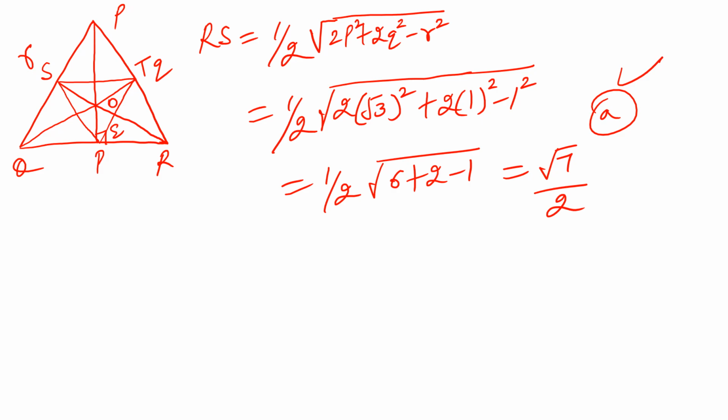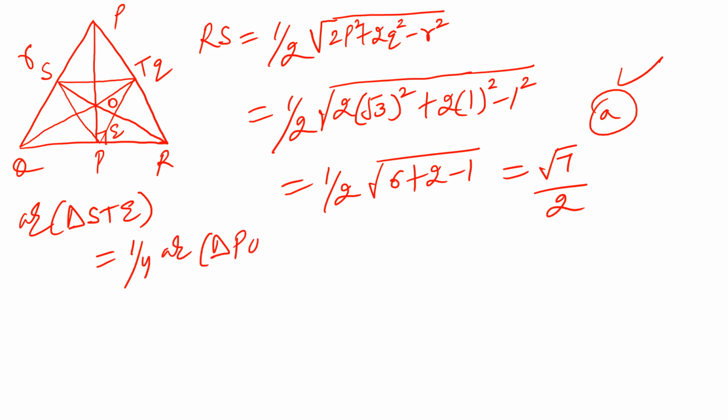The first fact is that these 3 points S, T and E are dividing the triangle PQR into 4 congruent triangles. The first is PST, second is QSE, third is STE, and lastly it is ETR. And since they are all congruent to each other, I can say their areas will also be equal. So that means area of triangle STE will be equal to 1/4 of area of triangle PQR.